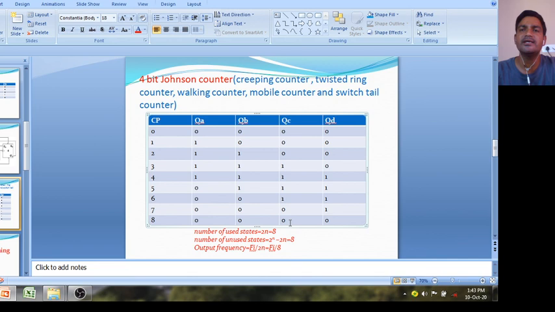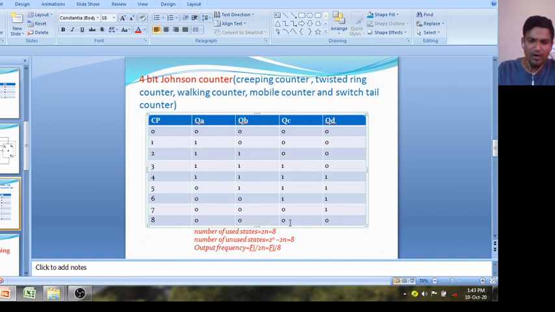Modulus of a counter is nothing but the total number of used states. If it is 8, it is called a mod 8 Johnson counter. So you have to remember a 4-bit Johnson counter is also called a mod 8 Johnson counter. A 4-bit ring counter is called a mod 4 ring counter.